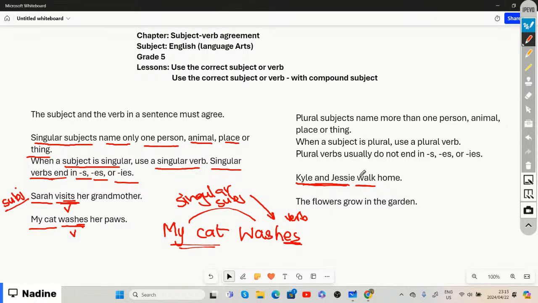It's almost like saying sit changes to sits. It's like saying, if I want to say angel, angel refers to one person, right? Now I say angel listens to Miss Nadine.